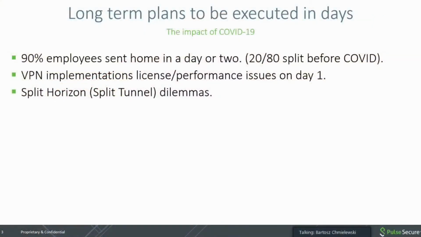Of course, no one knew that there would be a pandemic situation. However, some of the customers have disaster recovery plans, which sometimes helps a lot. There are also some configuration dilemmas, because most of the vendors support something called split horizon or split tunnel.